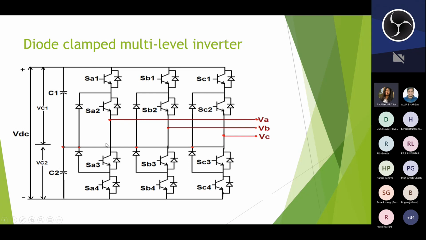Here, the disadvantage of the diode clamp multi-level inverter is the need for high voltage diodes to block the reverse voltage. So that will ultimately increase the cost, and circuit complexity will definitely increase, as is shown already.